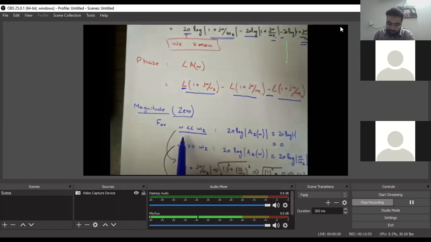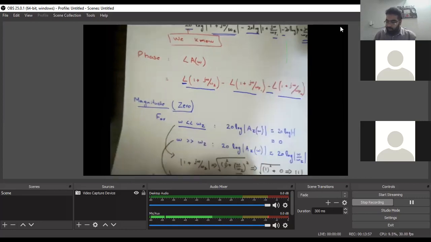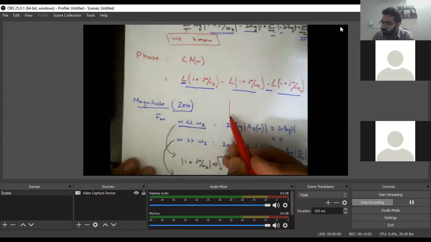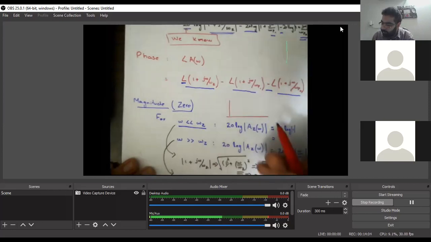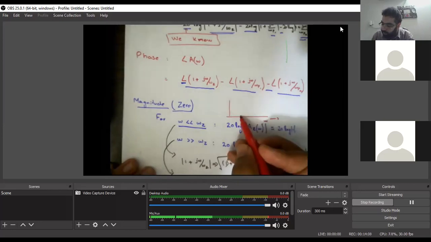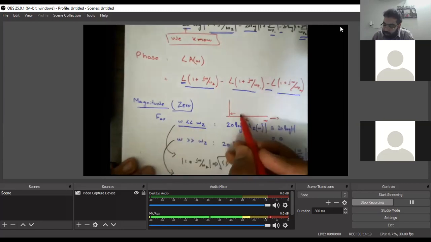So for example, if I just do a small plot here, this is my omega, and my omega z is here, for example, at this point. So any frequency which is less than omega z by some good amount, I'm writing omega is much less than omega z.